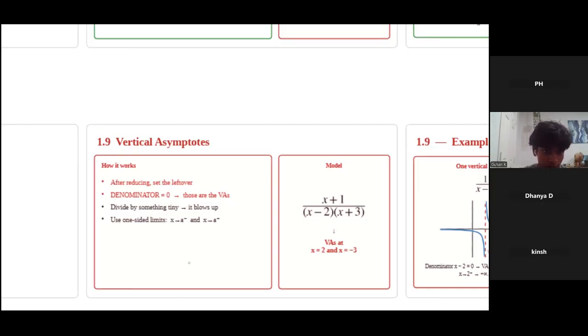Basically, if you write a limit, this is when you're not going to infinity, right? Let's say limit as x is going to 2, since a vertical asymptote is at 2. It could be going to 2 from either the left side or the right side, so we have to consider both of those possibilities.